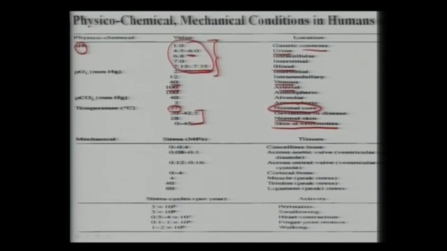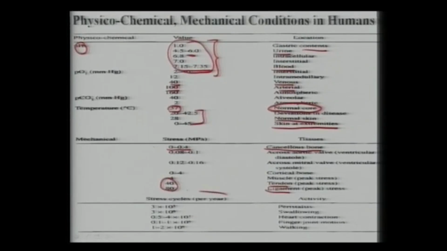Coming to the mechanical stress conditions in different tissues, like cancellous tissues, which are very porous, the stresses they can bear are a maximum of 0 to 0.4 MPa, which is an extremely low load, because of the porous nature it cannot take very high load. Now, ligament, tendon, and some of the hard tissues can bear stress up to 40 to 80 MPa, which is relatively high.